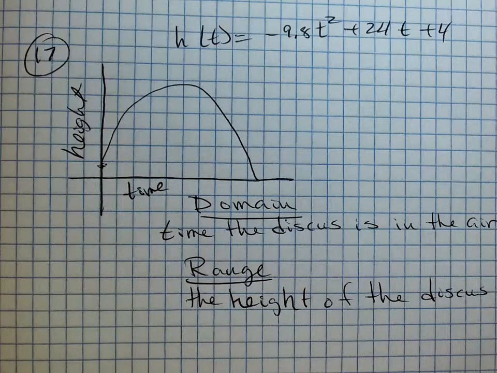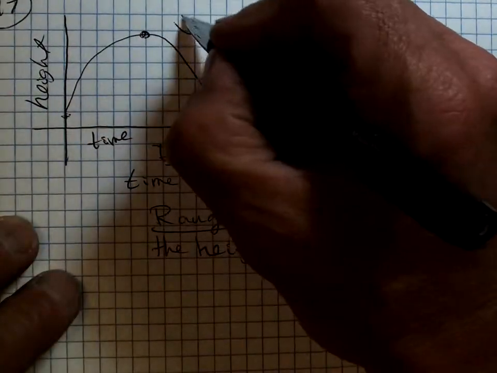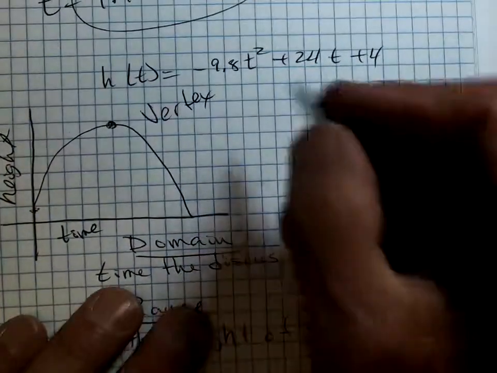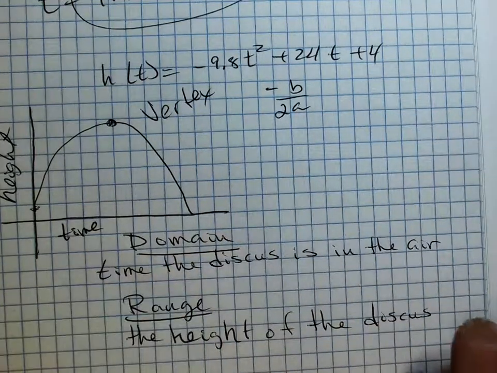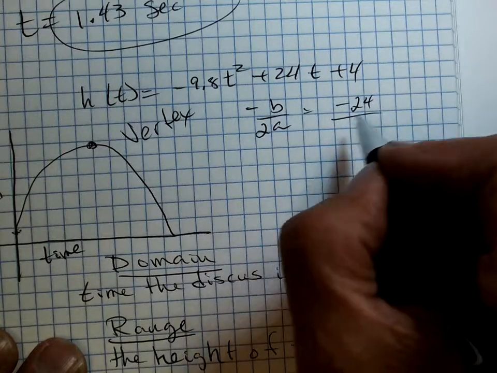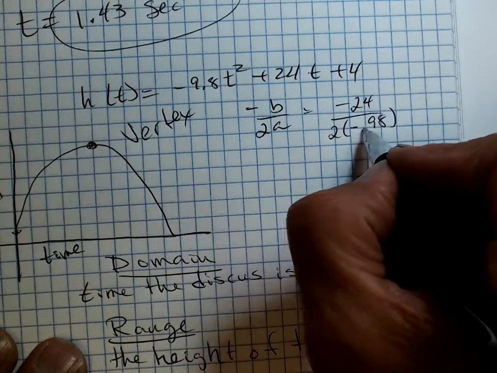Now almost done. So now how high does this fly? Well, that's the vertex. So let's find the vertex. To find the vertex, we're going to use negative b over 2a. I'm going to go negative 24 over 2 times negative 9.8.